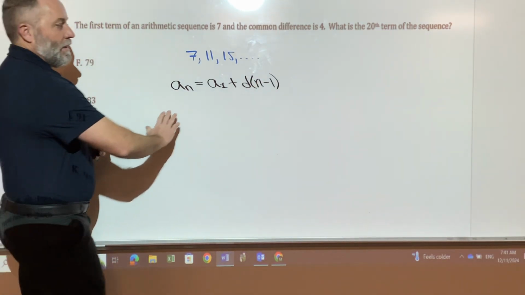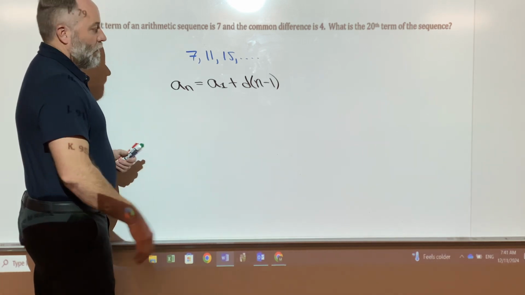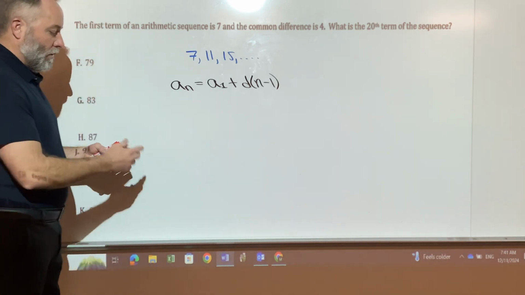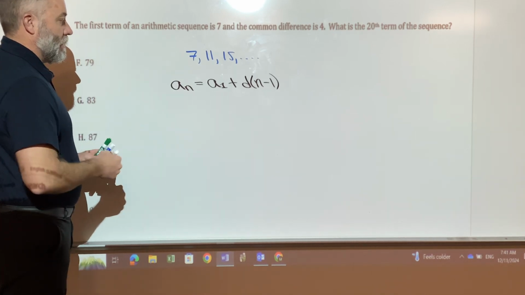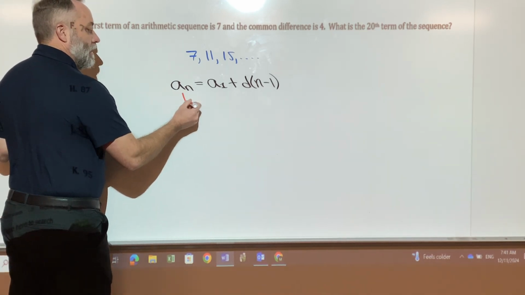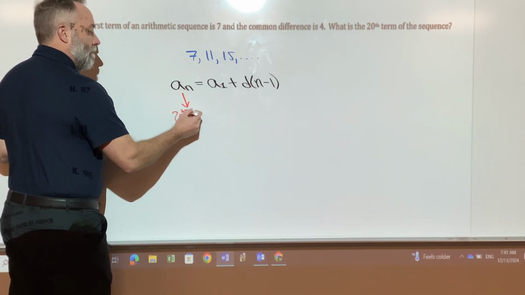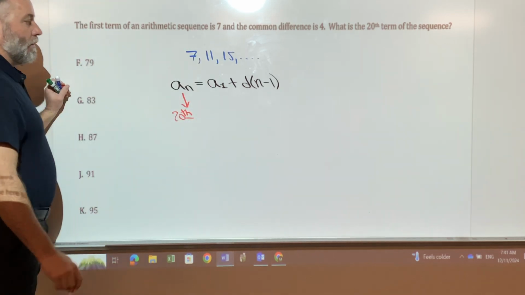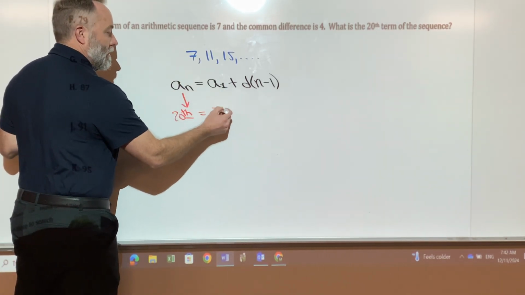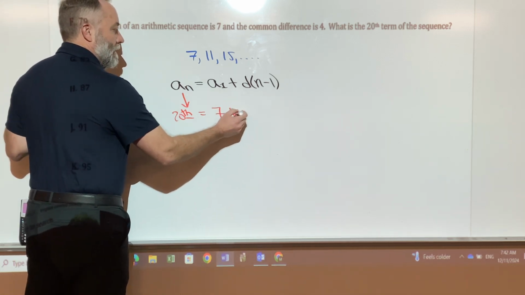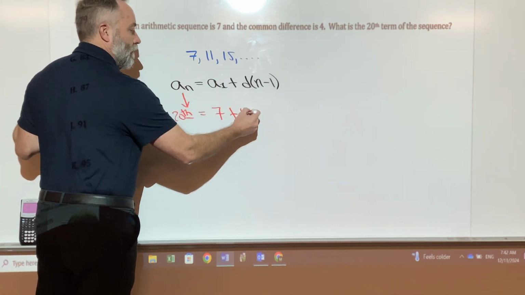So when we see these types of formulas, they can be confusing or overwhelming because we don't know what all that is. But this is just our term of interest. So the term of interest is the 20th. We want the 20th term, okay? It is equal to the first term, which we know is 7, plus the common difference, which is 4.